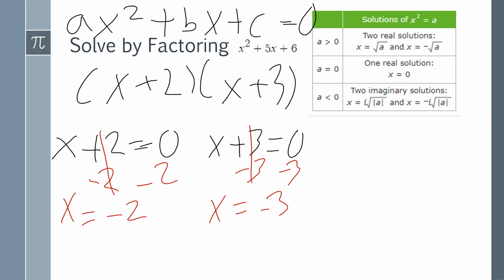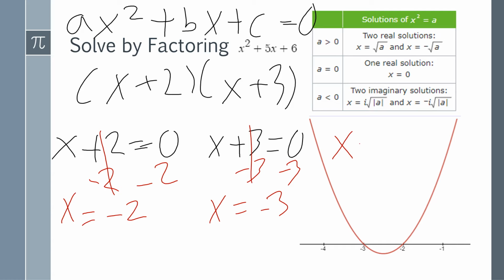Now, I'll just show you how to do it in decimals. So, when we say zeros, what we actually are saying is the x-intercept.